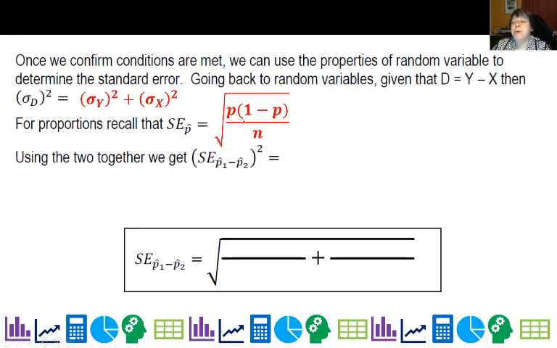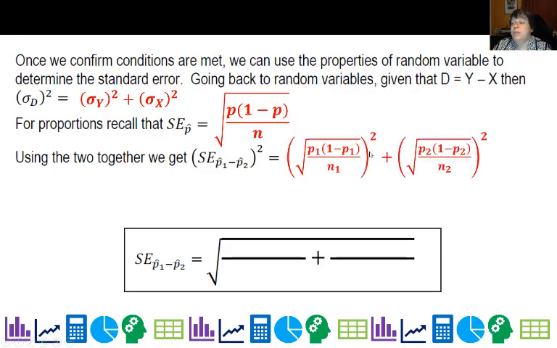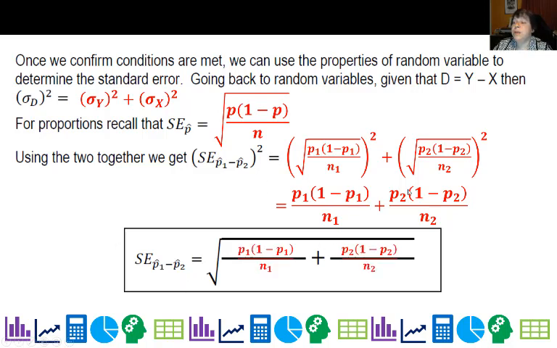And then if I go ahead and substitute that in, I'm going to take this piece and substitute it in there for the Wednesday sample, and this piece and substitute it in for the Friday sample, or sample 1 and sample 2 in general. And when I square it, I end up getting rid of the square root, so it looks like I have just this piece. But that's the standard error squared. So the actual standard error is to take the square root of the whole thing. So if I take the square root of this, I get that.